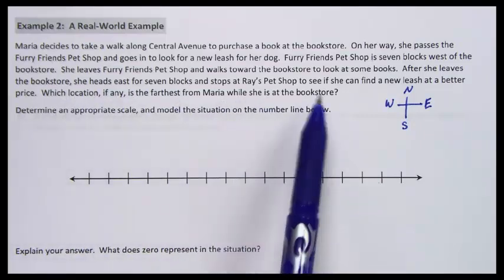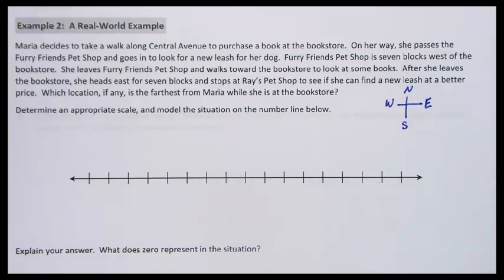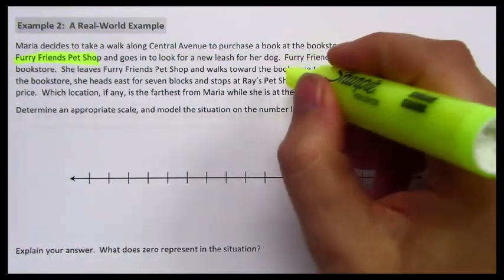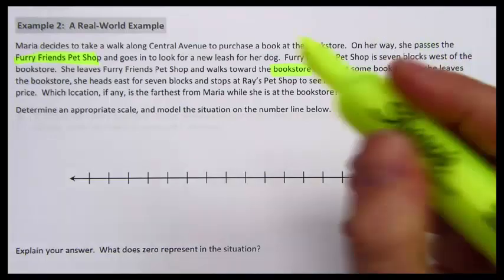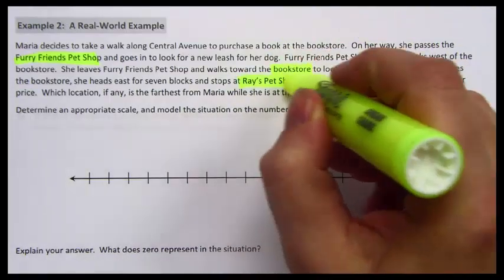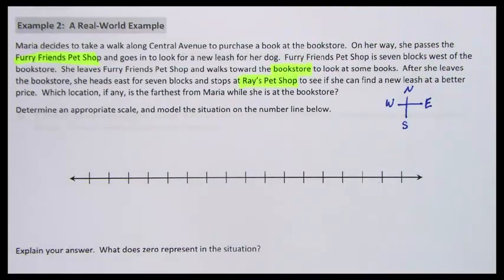So we've got several different locations. We've got Furry Friends pet shop, we've got the bookstore, and we have Ray's pet shop. So we've got 3 places we can put on our number line. I'm going to make each tick mark on our number line be 1 block.